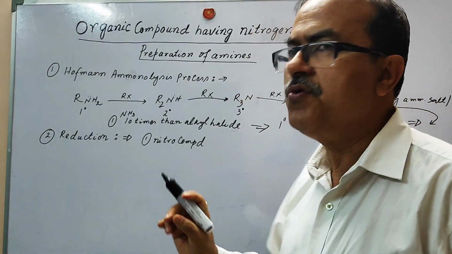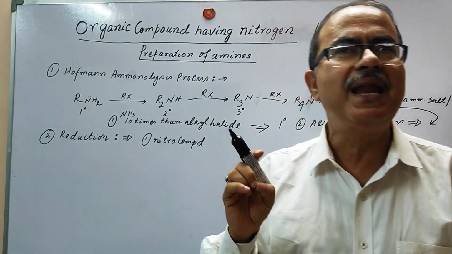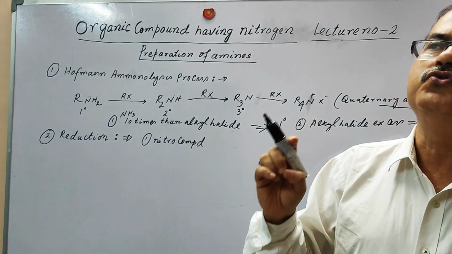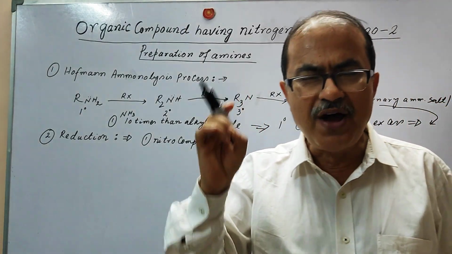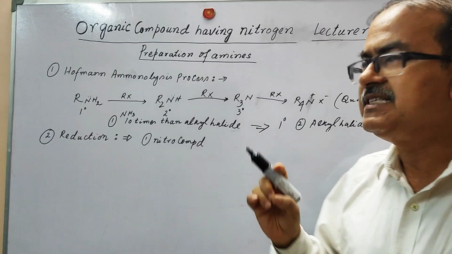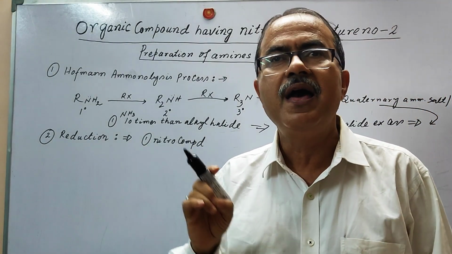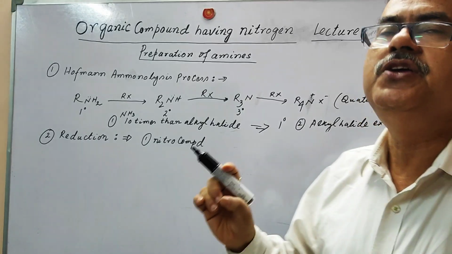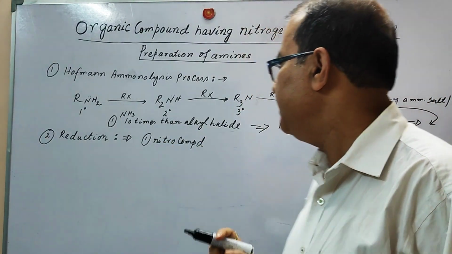The nitro compound with the use of catalytic hydrogenation. Catalytic hydrogenation means that we are using hydrogen with finely divided nickel or platinum or palladium. This will reduce the nitro compound into the 1 degree amine.